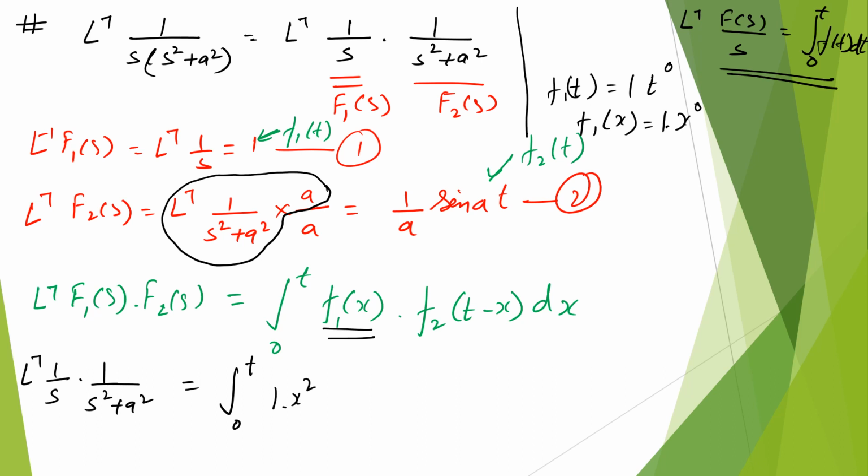Into the second function, f2(x) is replaced by t minus x. So we are replacing the t with t minus x. We get 1 by a sine a(t minus x) dx.